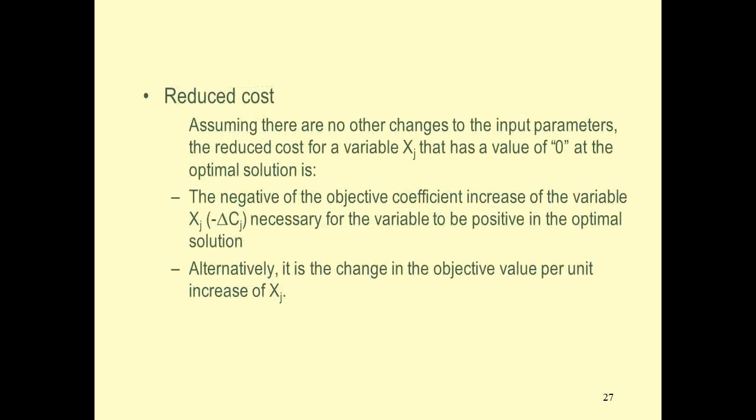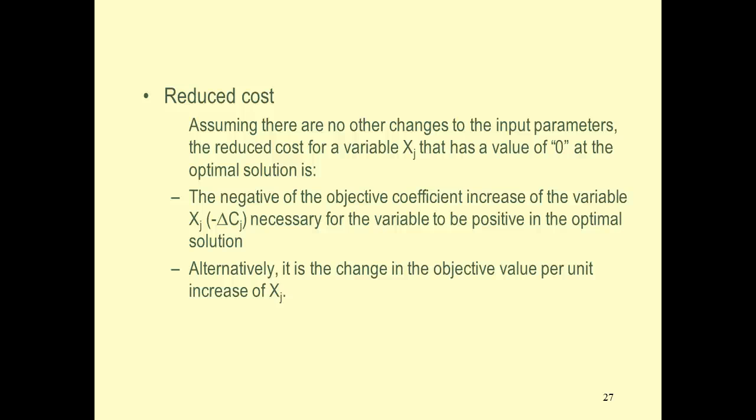It is the negative of the objective coefficient increase of the variable necessary for the variable to be positive in the final solution. The negative of 10.75 is positive 10.75. We'd have to increase that 8 up to 18.75 before we're going to start making it. That's the first thing it says.